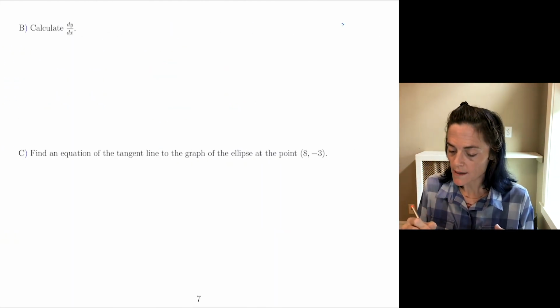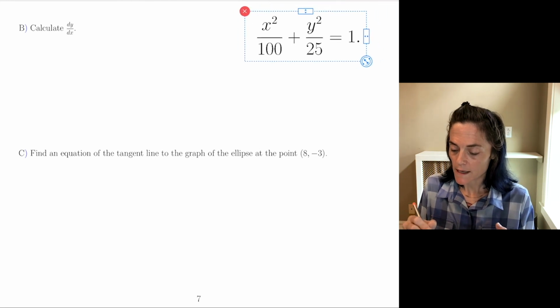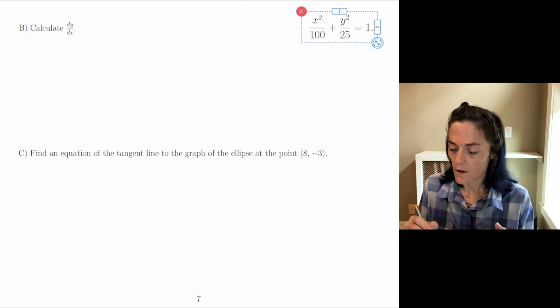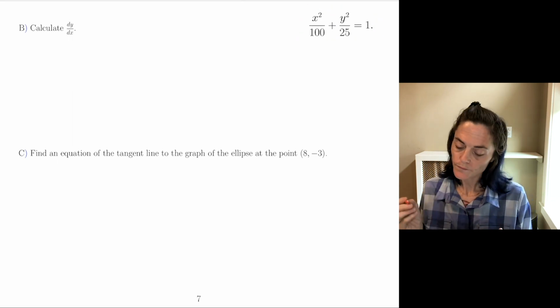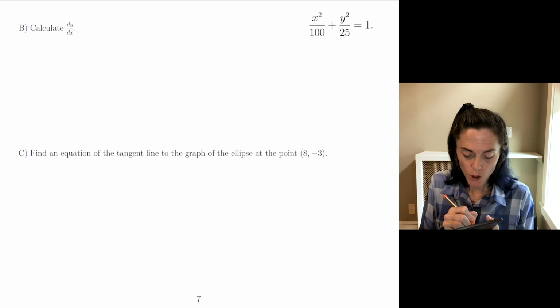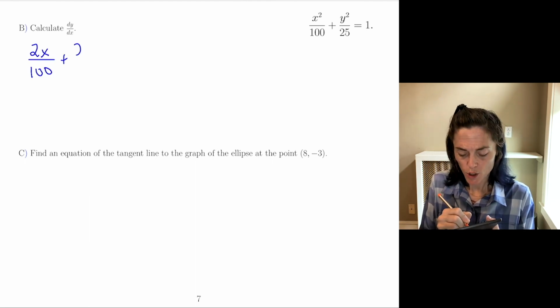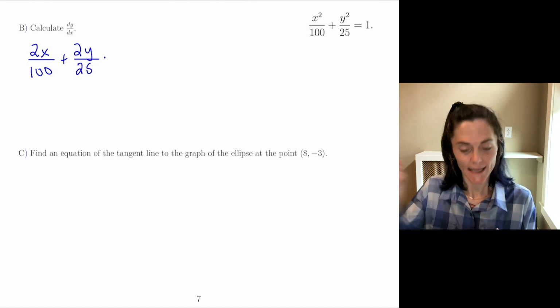Maybe I'll just remind us of the equation of the ellipse here. We want to calculate dy/dx. Okay, so we have 2x over 100 plus 2y over 25 times dy/dx.